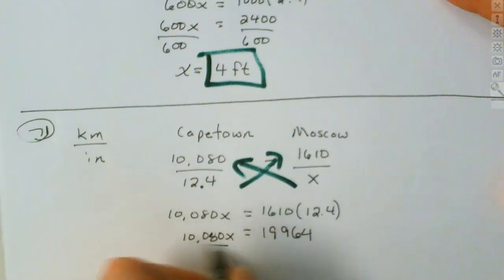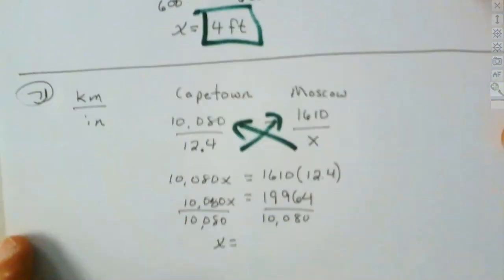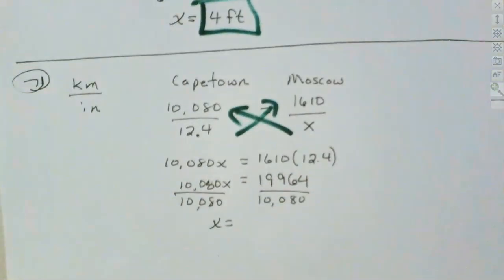And we'll divide. We're going to have to use a calculator here, so we'll go ahead and divide that out. Okay. And that then gives me an approximate distance of, how far do they want us to round? It doesn't say here.